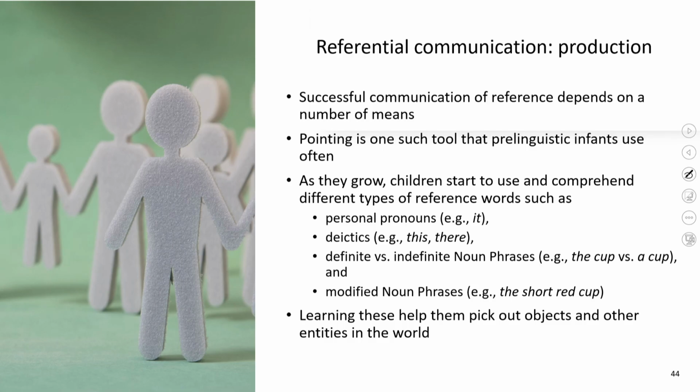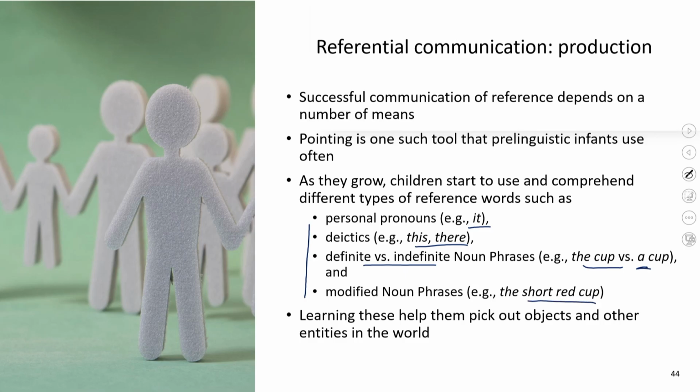So, initially in the pre-linguistic stage we have seen the pointing and gestures, and as they grow they start to use and comprehend different types of reference words. We are giving examples here in English. So, the personal pronouns like it, deictics like this, there, definite versus indefinite noun phrases like the cup versus a cup in the English language, modified noun phrases like the short red cup and so on.